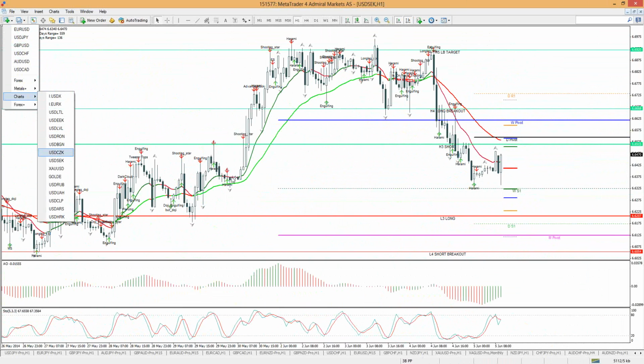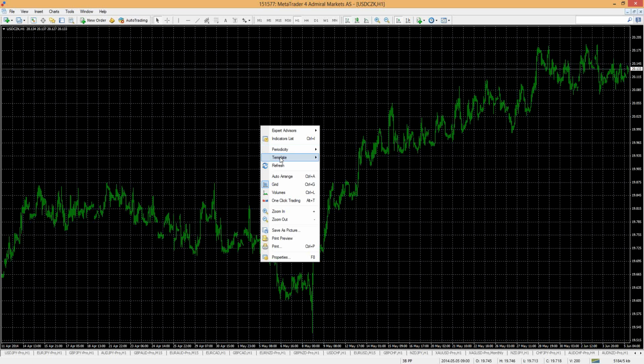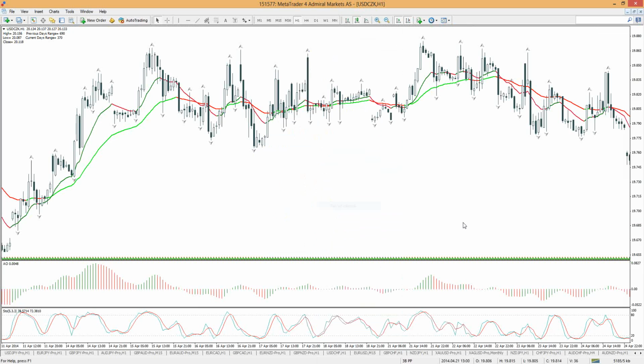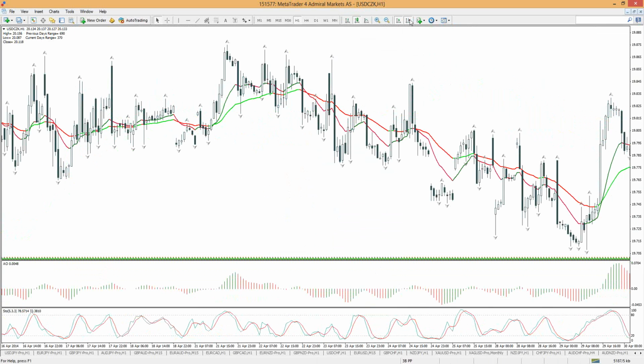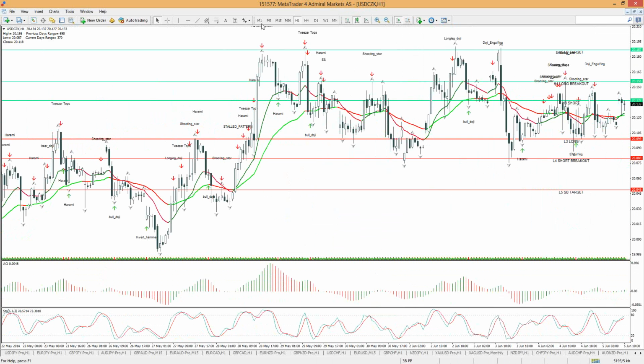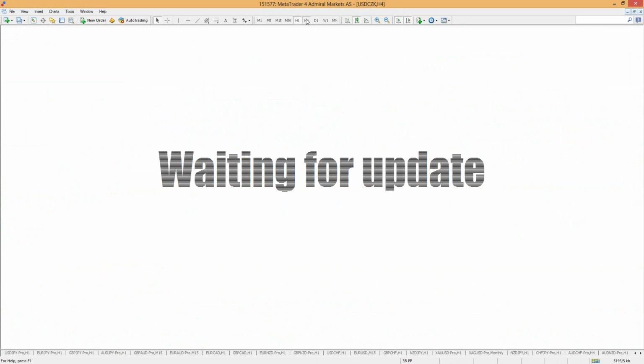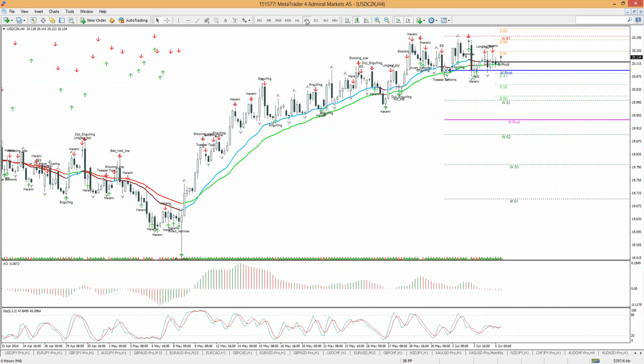Let's take a look at the dollar Czech crown as well, quickly. Similar to, I would say, the dollar SEK. I don't know, maybe not. Let's see, we'll find out. This is quite choppy, in fact. Has been moving up a bit.